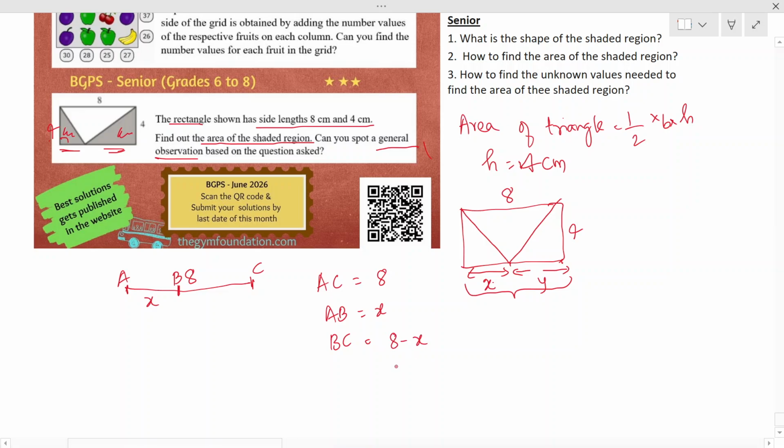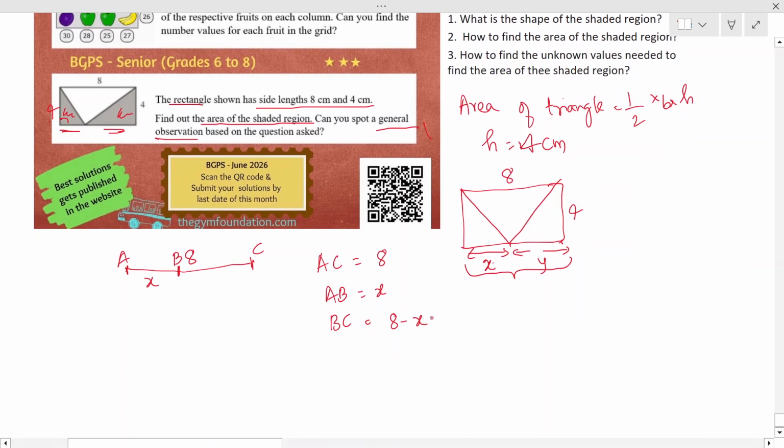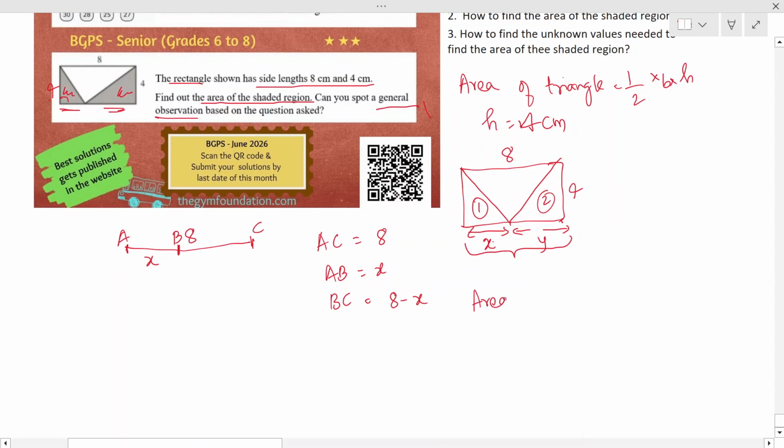So the addition facts and multiplication facts are very important, and you should be fluent enough to apply them in such situations. So this is 8 minus x. If you consider this as the first triangle and this as the second triangle, you can write the area of the first triangle as half times base x and height 4. The 2 gets cancelled here, so this is 2x.